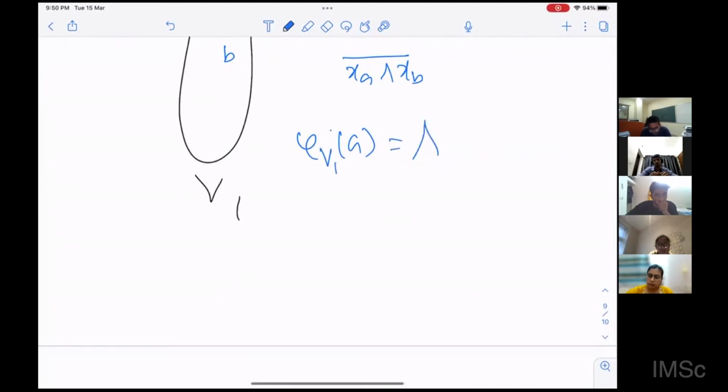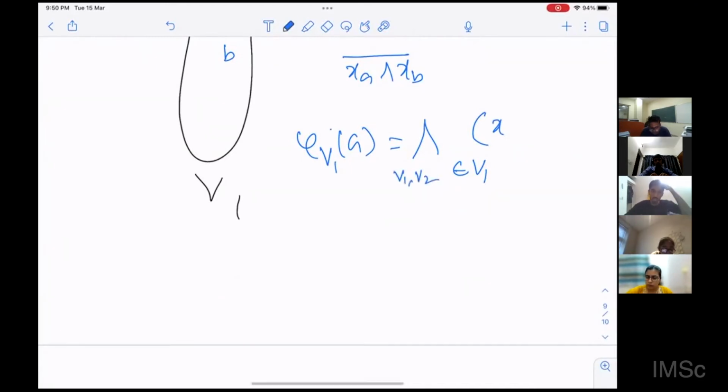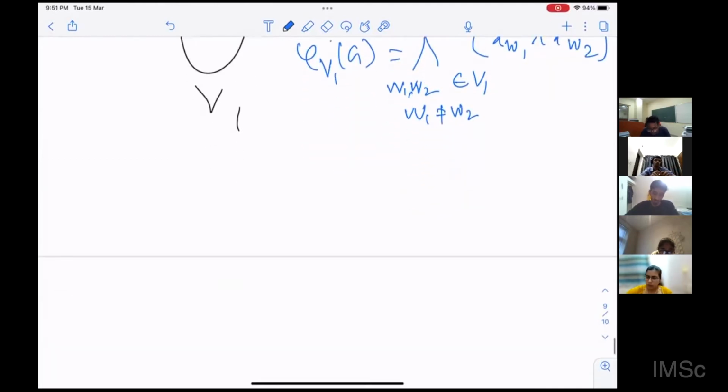This is an AND, so for all W1, W2 in V1, W1 not equal to W2, the complement of x_W1 and x_W2. Sorry, these are bad notations. Okay, so fix x_W1 and x_W2.